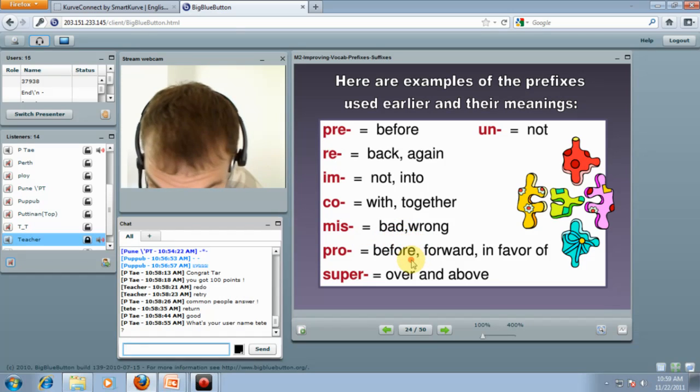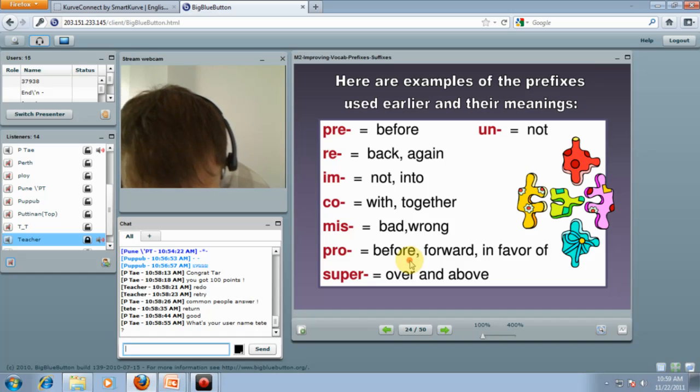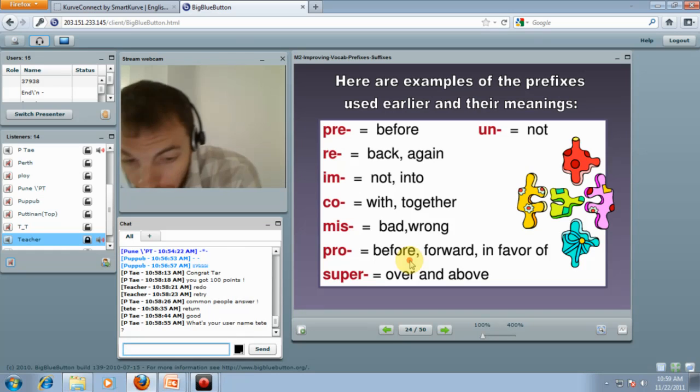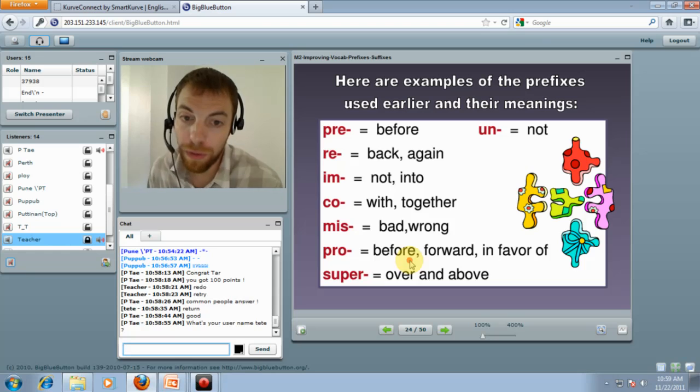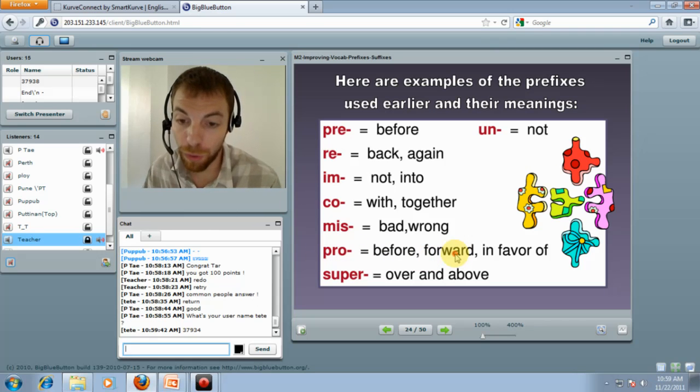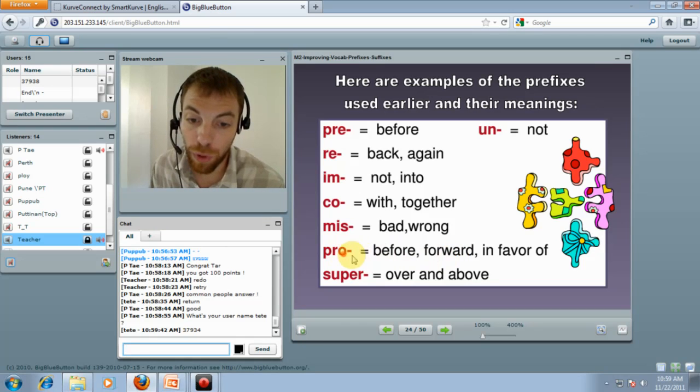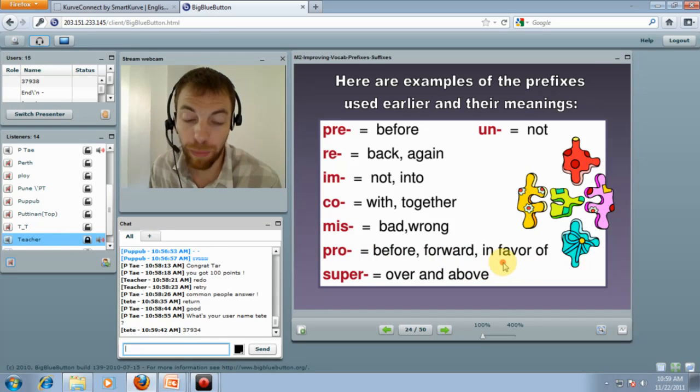Alright? Pro. Pro can mean before, forward, or in favor. Usually these two, in favor or for something good, is pro. Proceed, go forward. Protect, to keep something safe.